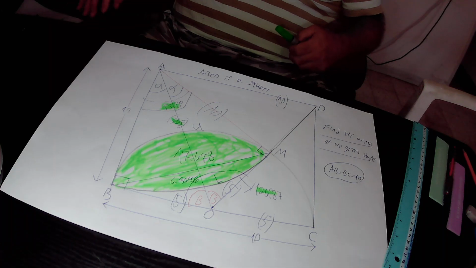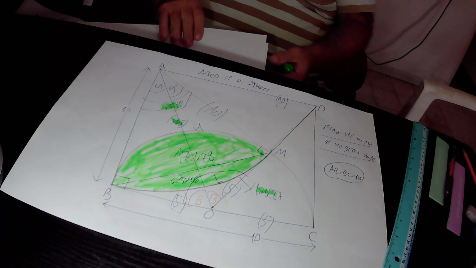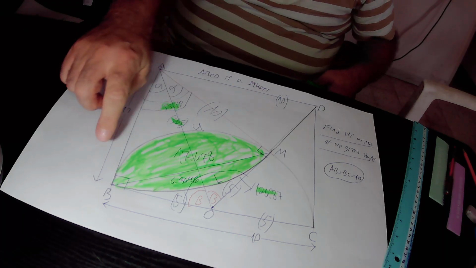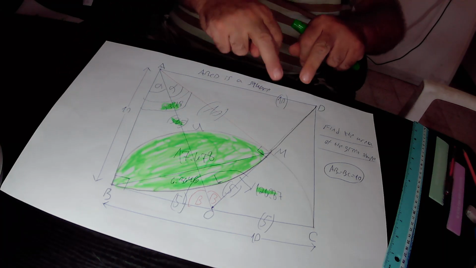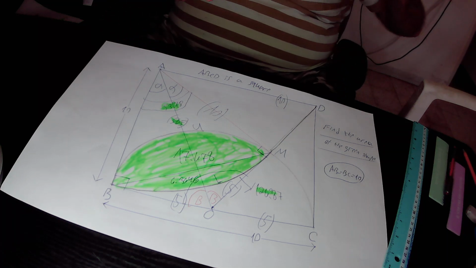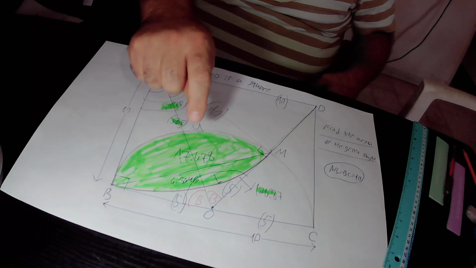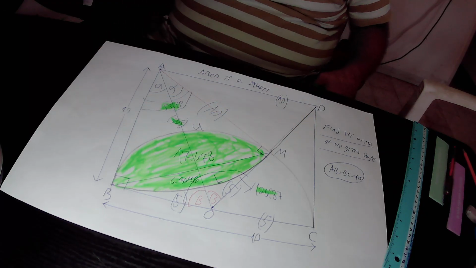Our task is to find out the area of this green shape. In order to find the area of the green shape, we join points M and B together by a straight line. By joining points M and B, we divide this green shape into two parts. This is the first part and this is the second part.